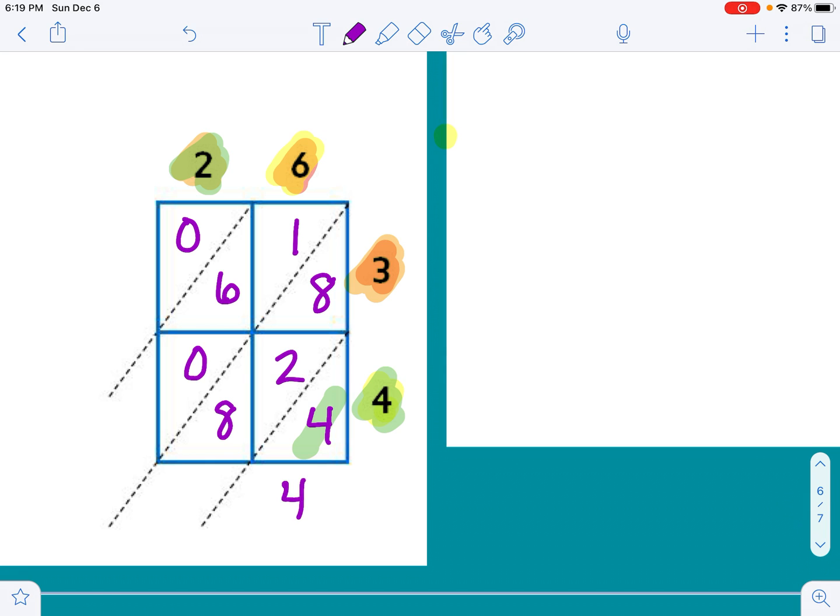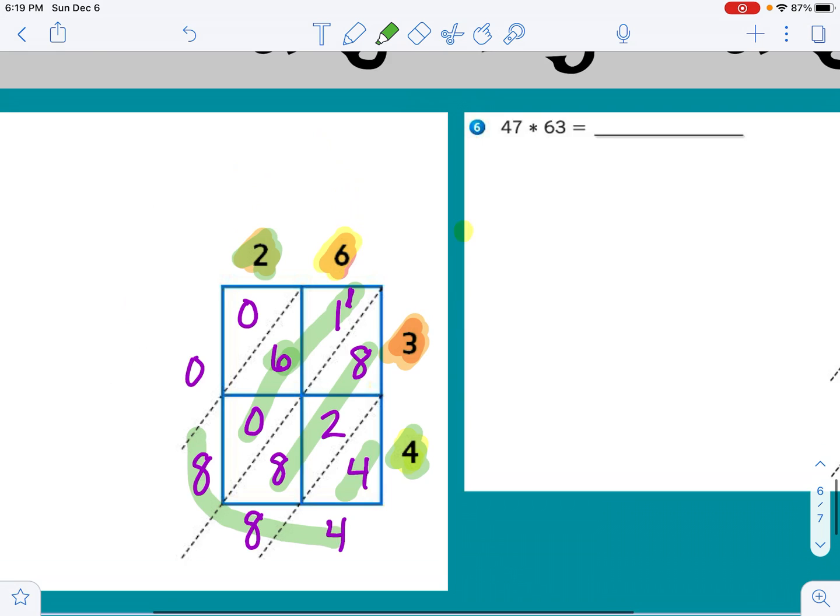This one is just 4. I'm going to do 8 plus 2 is 10, plus 8 more is 18. So I'm going to put my 8 here and carry my 1 to the next diagonal column. 6 plus 1 plus 1 plus 0 is 8. And I have 0 in the final column. So my answer is just 884.